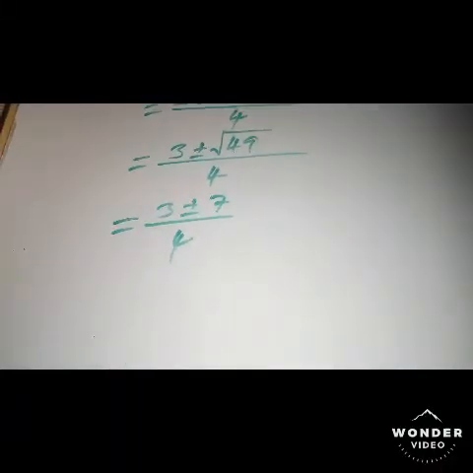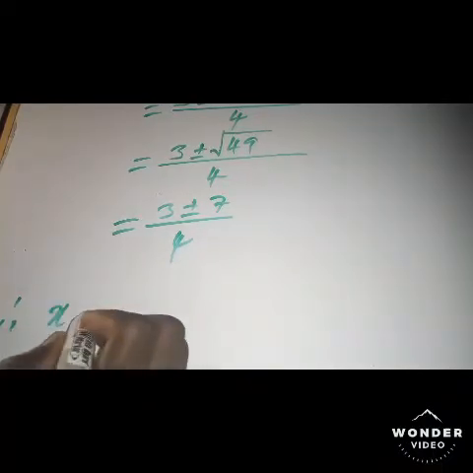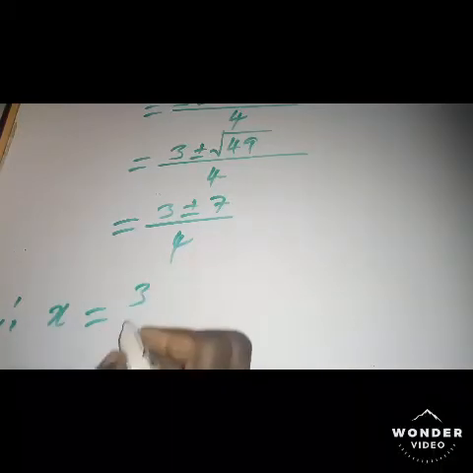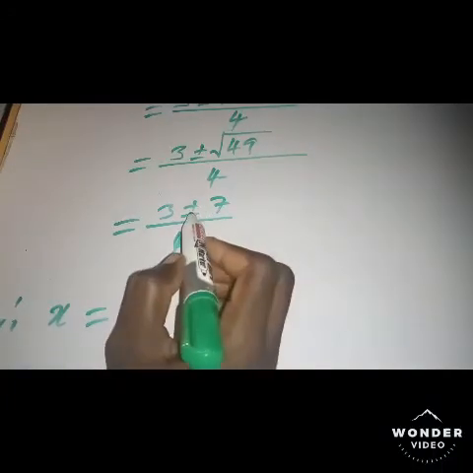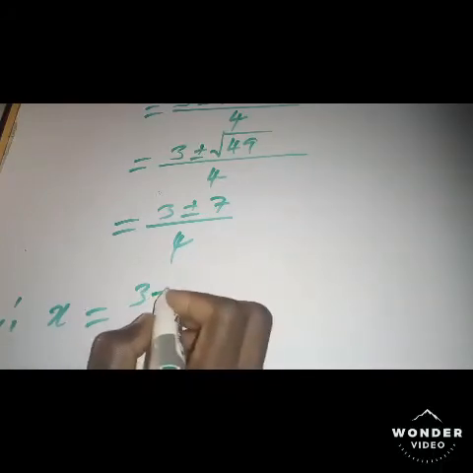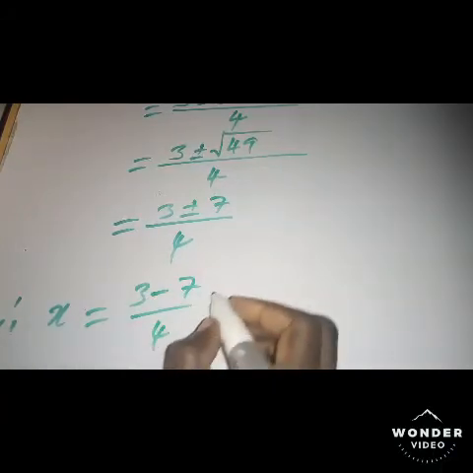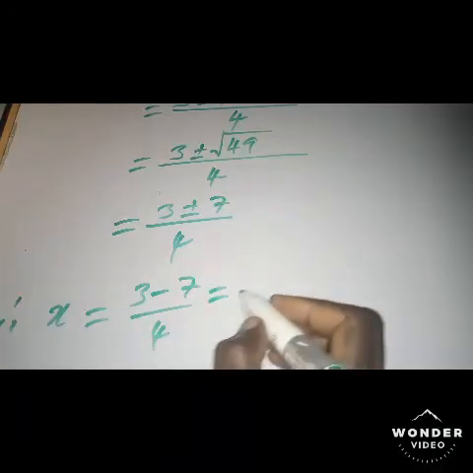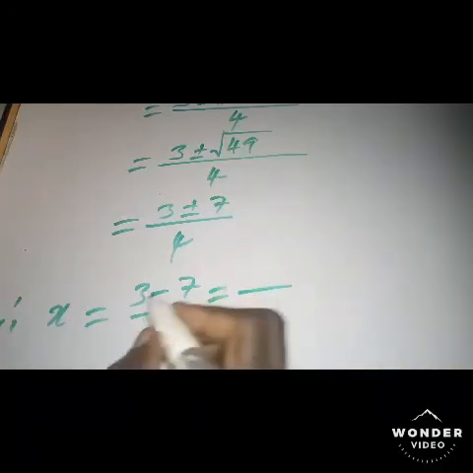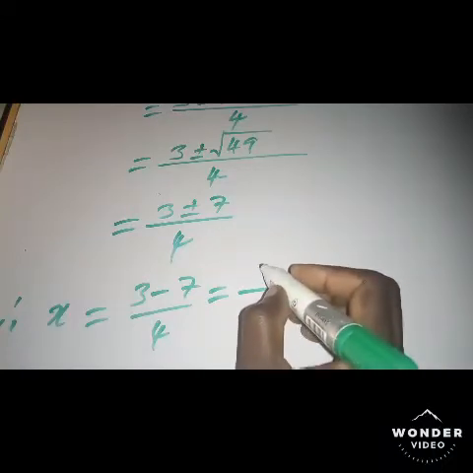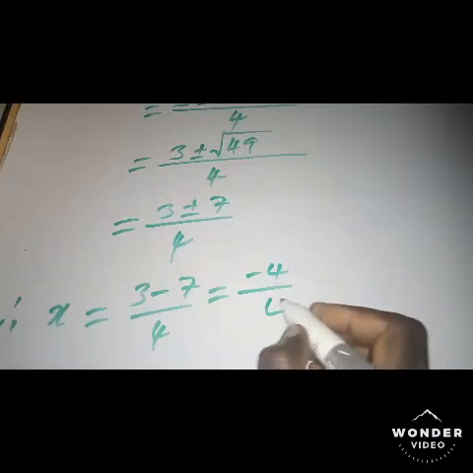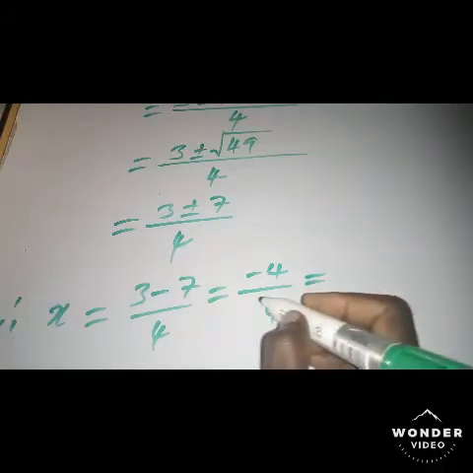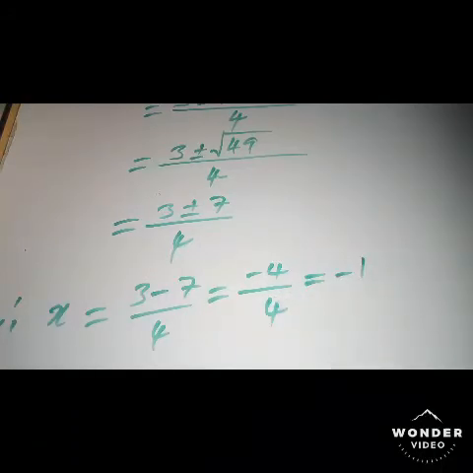Okay, therefore the root of x is either 3. You will begin with the negative sign. Here you have two combinations, plus or minus, so you begin with minus. 3 minus 7 all over 4, which is equal to 3 minus 7, which is equal to -4 divided by 4. 4 into 4, -1.